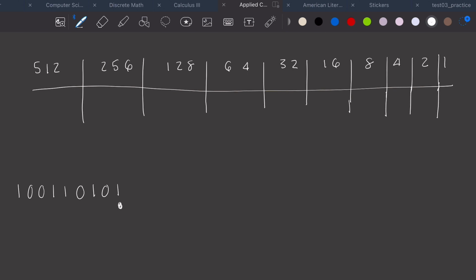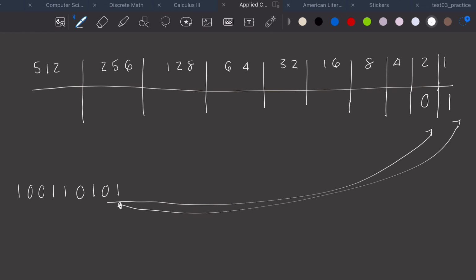So this one here is going to go in the beginning of the table, so it's going to go here where the 1 is. So 1, this is a 0, it's going to go here, and so on. So I'm moving from the back of the number to the start of the table. So I have 1 0 1 0 1 1 0 0 1.